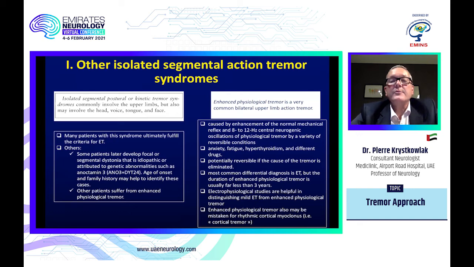What is important is that it's potentially reversible if the cause of the tremor is eliminated. And this is a very common differential diagnosis with essential tremor, but the duration of enhanced physiological tremor is usually far less than 3 years. And electrophysiological studies are helpful in distinguishing mild essential tremor from enhanced physiological tremor.